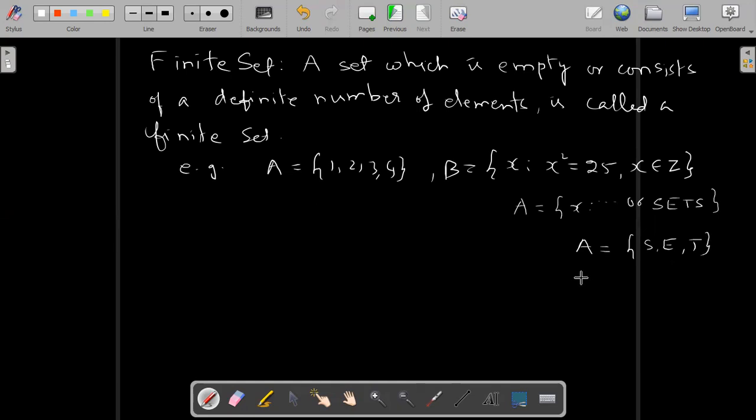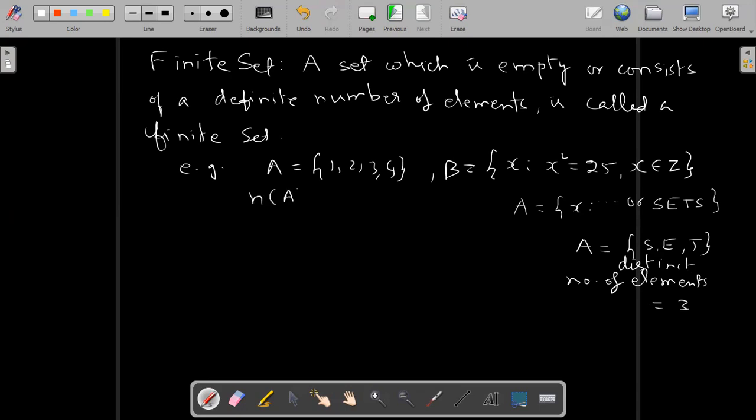So how many elements does it have? The number of elements of A is 3, not 4. Number of elements means the number of distinct elements. So always we are writing distinct elements, not the same. So this number is denoted by n.